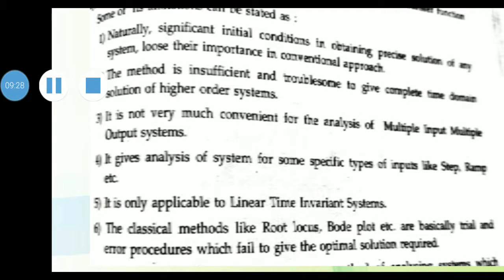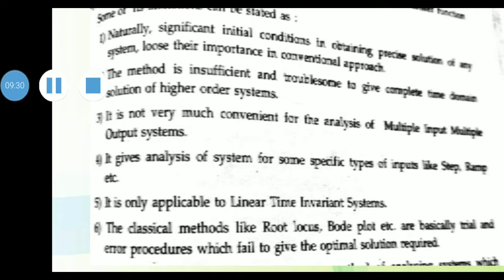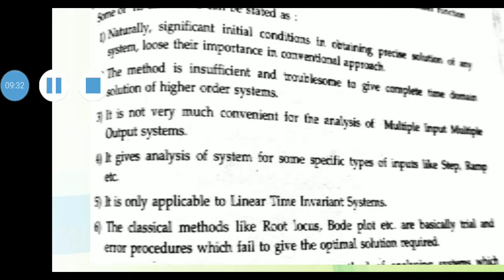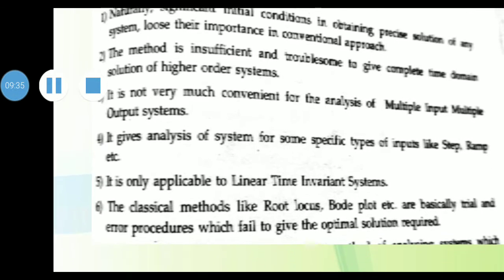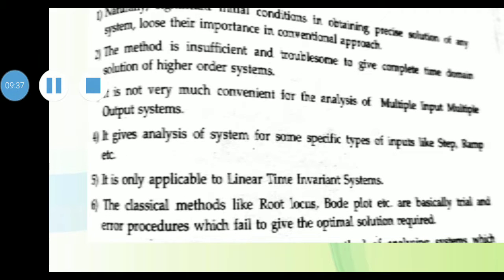Third, it is not very convenient for the analysis of multiple input, multiple output systems. Fourth, it gives analysis of the system for some specific types of inputs like step, ramp, etc. Fifth, it is only applicable to linear time invariant systems. Sixth, the classical methods like root locus, Bode plot, etc. are basically trial and error procedures which fail to give the optimal solution required.